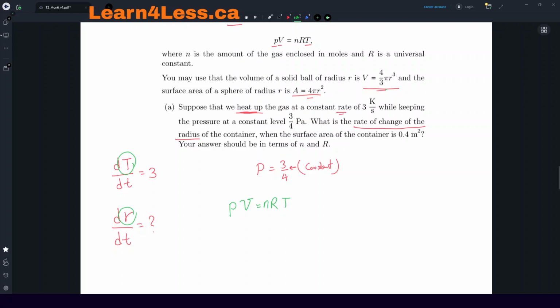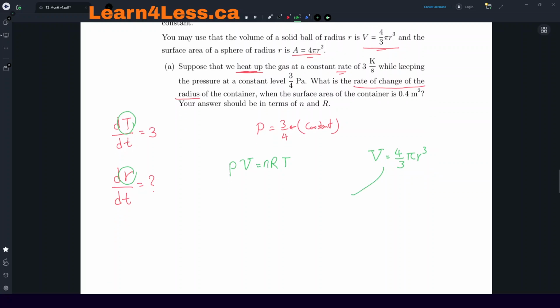So let me write this one here as well. V is also 4/3 pi r cubed. If I mix these two, what I get is P times V, which, because it's a spherical container, is P times 4/3 pi r cubed, equal to nRT.